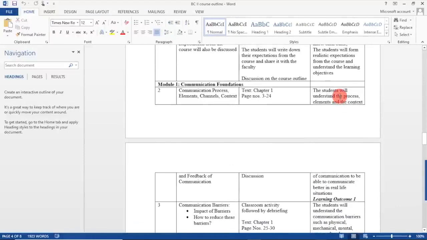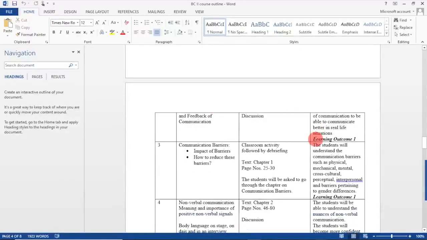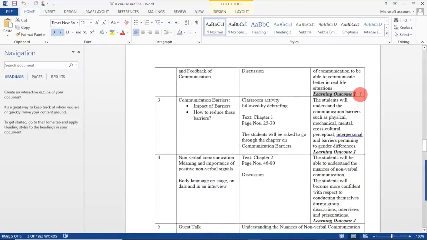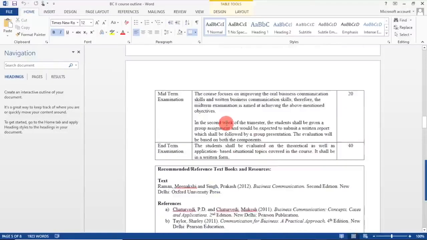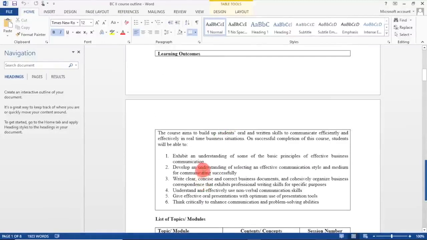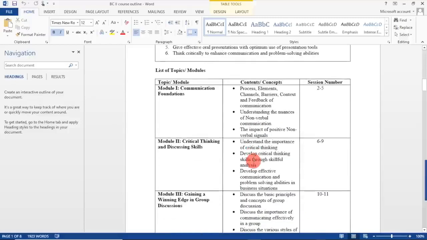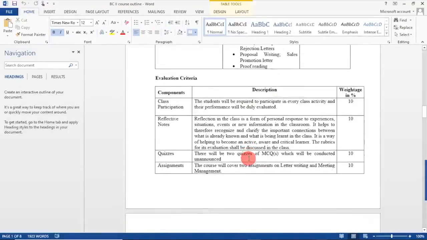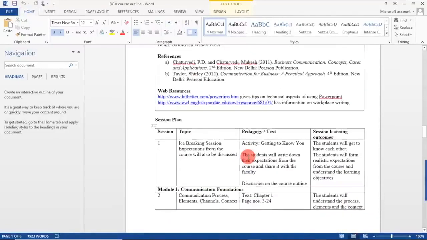So when we are talking of second session, what we are trying to achieve, we are trying to achieve learning outcome 1. So just see, we have started mapping the learning outcomes, and learning outcome 1, if you go above, see here, exhibit an understanding of some of the basic principles of effective business communication. So this learning objective is being tried to achieve in our second session.